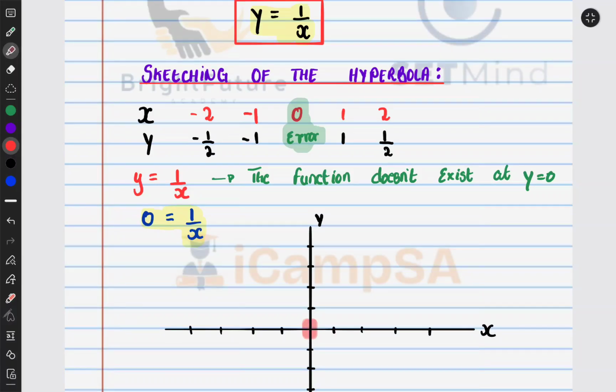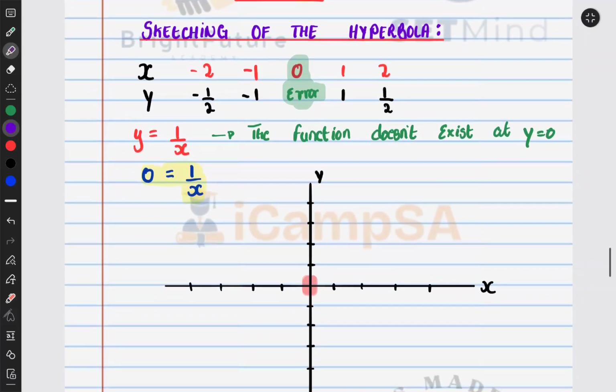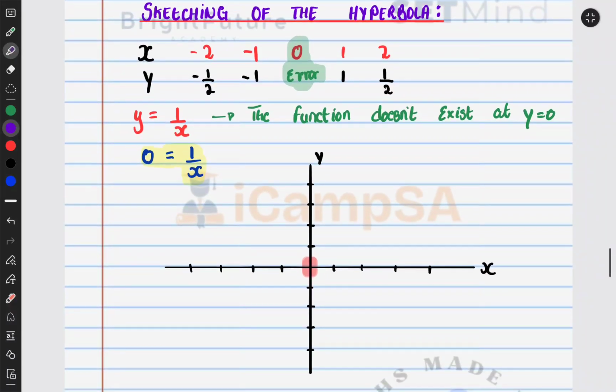So let's plot the points that we have with the functions that we have listed in the table. Okay, I forgot to put the values here. We're going to have 1, 2, 3, 4, 1, 2, 3, 4, -1, -2, -3, -4, -1, -2, -3, -4.